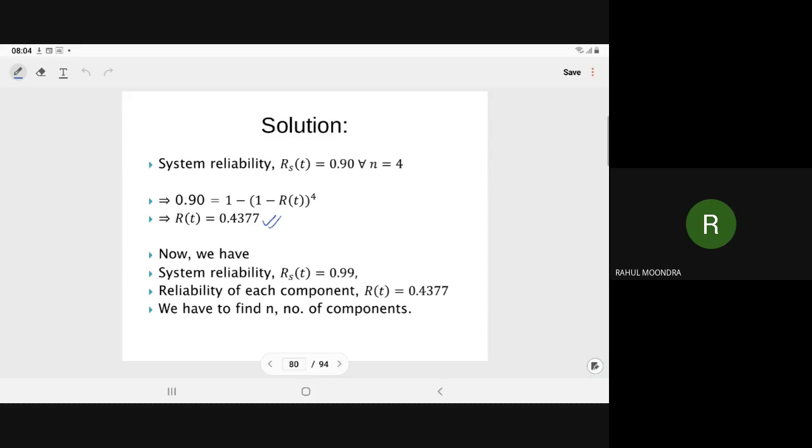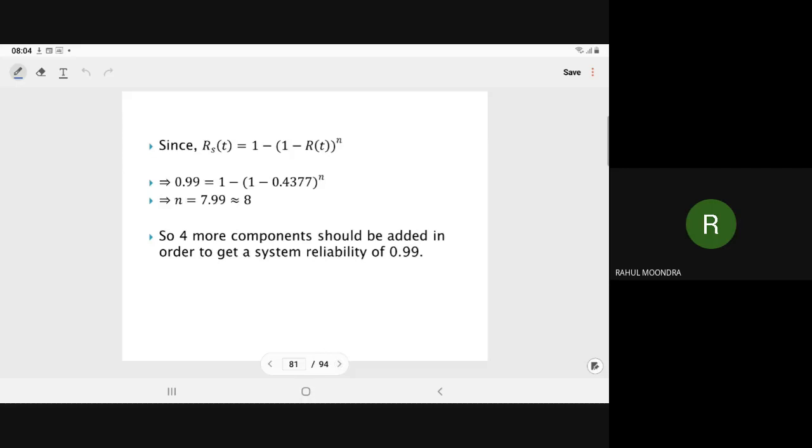So when the system reliability is 0.99 and component reliability is 0.4377, arranged in parallel, 0.99 equals 1 minus 0.4377 power n. So here n comes out as 7.99.